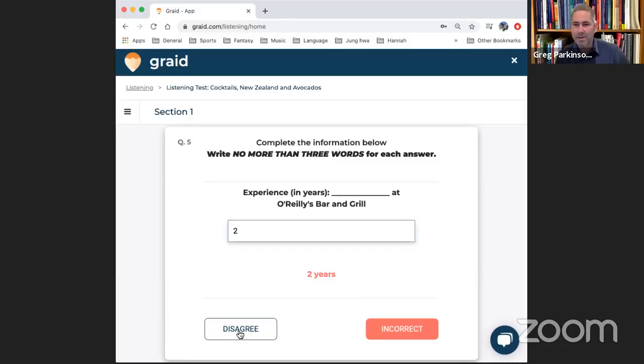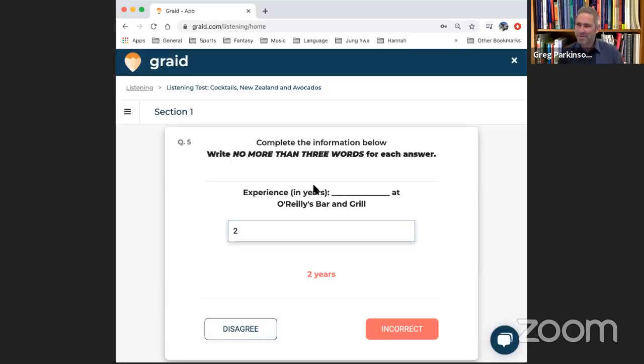Now, in this case, I think 2 is a possible answer, because in brackets, we already know the measure of time. Perhaps to be safer, I should have put 2 years as the actual answer. But anyway, this is a good example where I can show you what to do as you use the site.